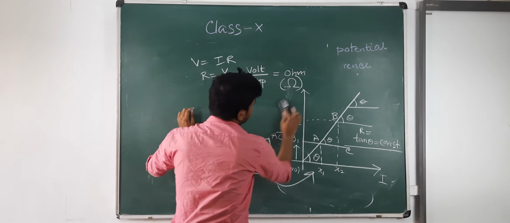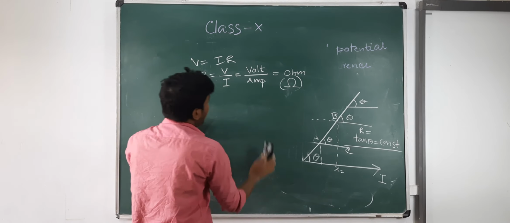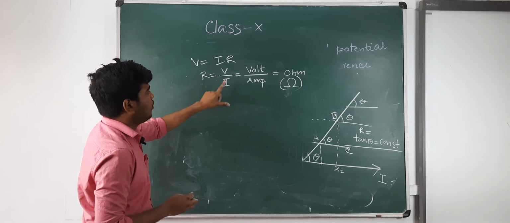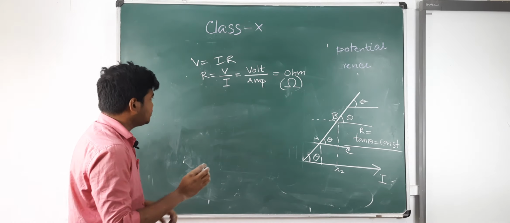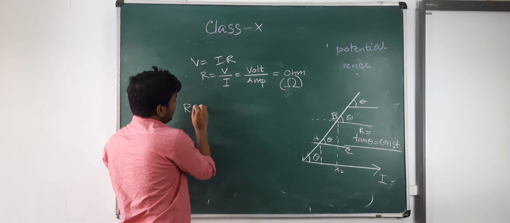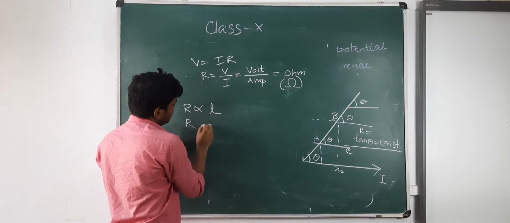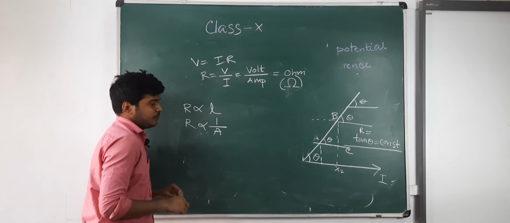But previously I said that R is a constant, that means R does not depend upon the voltage or current. R depends upon the length of this conductor and is inversely proportional to the area of this conductor.